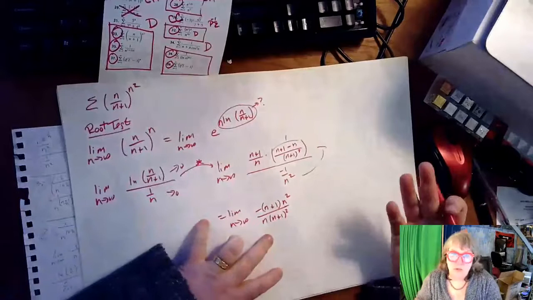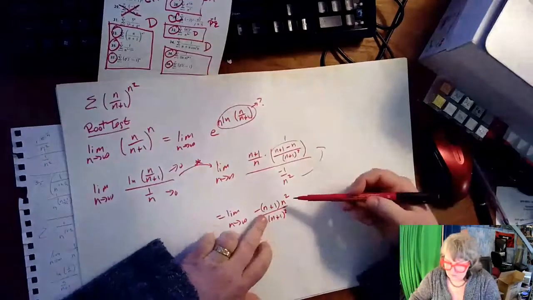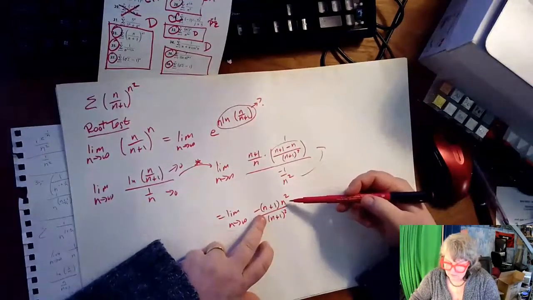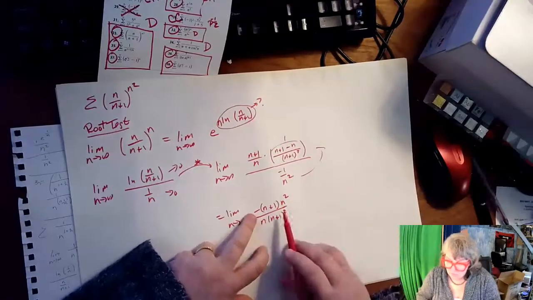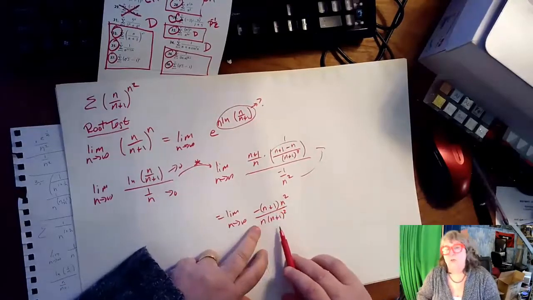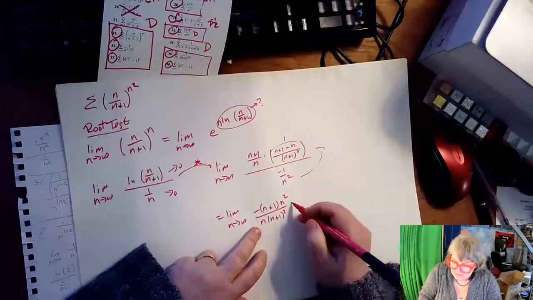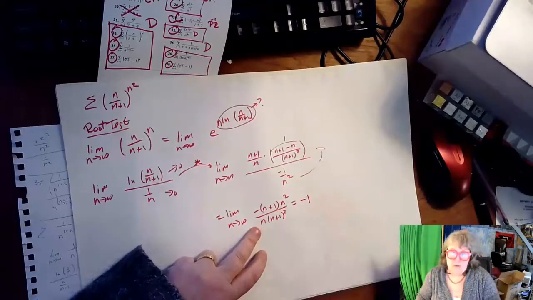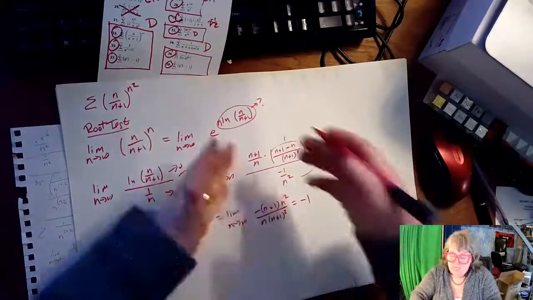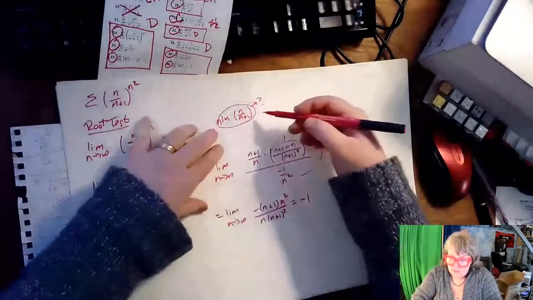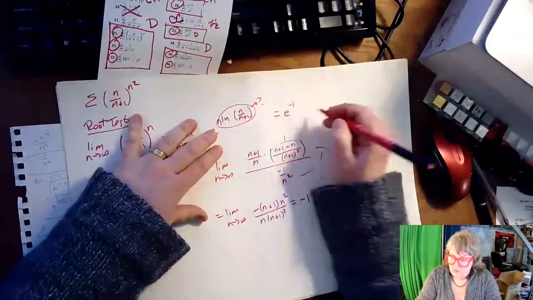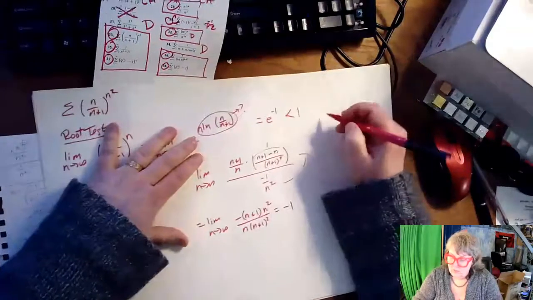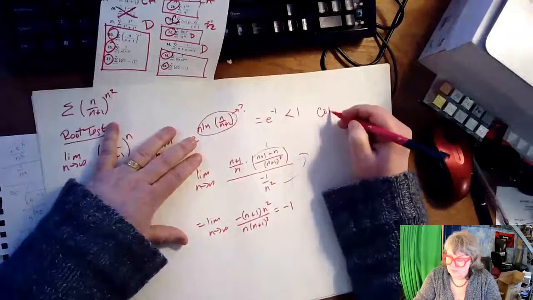So if I were to multiply all this out, the degree of the top is 3, the degree of the bottom is 3, the leading coefficient on top would be negative 1, the leading coefficient on bottom would be 1, so this limit is negative 1. So that means my exponent up here goes to negative 1. My limit is e to the negative 1, which is less than 1, which means this converges absolutely.